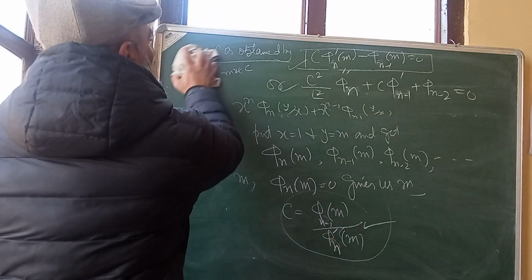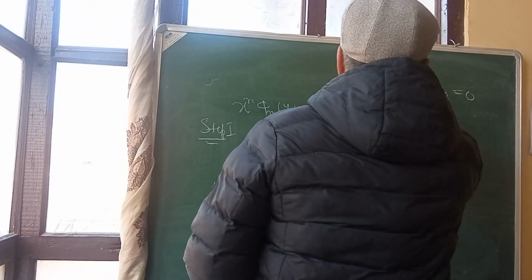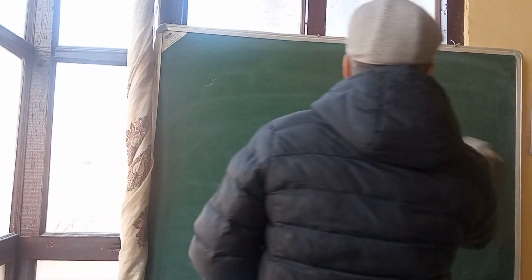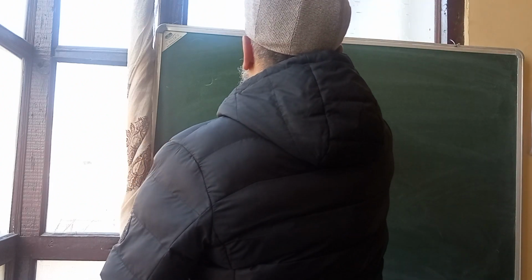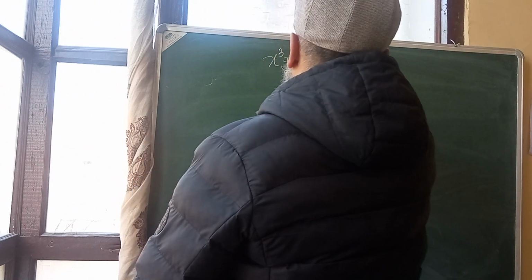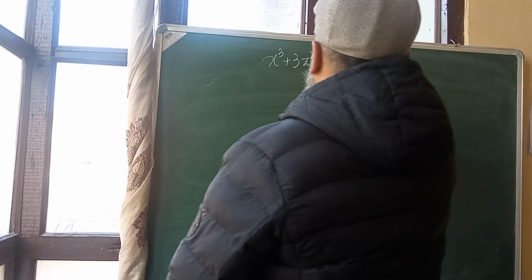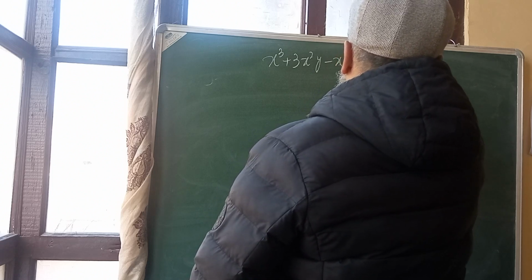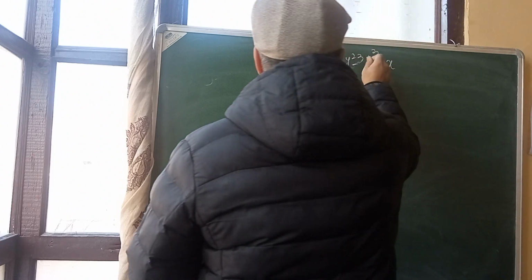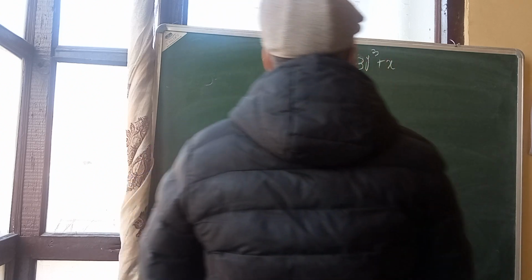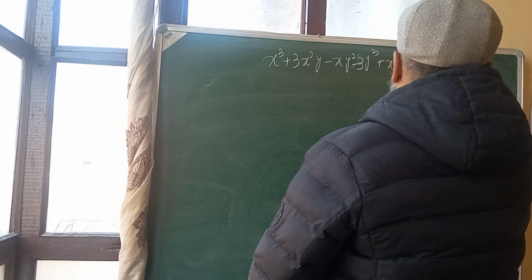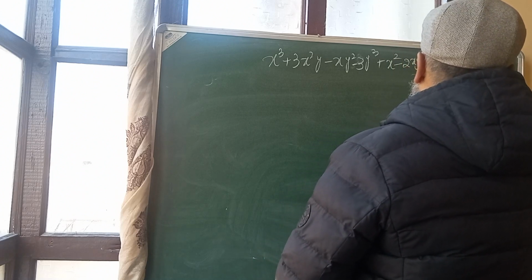Okay, let me take up the questions. Let me write down the question. Say you have x cube plus 3x square y minus xy square minus 3y cube plus, say, x square minus 2xy minus 3y square plus 4x plus 5 equals 0.